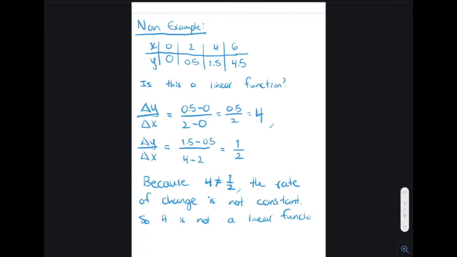Because it does not have that constant rate of change, it's not a linear function. Because of that, we can conclude that there does not exist any m and b such that y equals mx plus b.